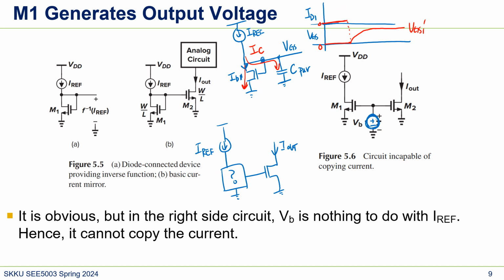It also increases like this, and then it finally goes to IREF. At the same time, IC, the current that flows to the capacitor, at first starts from IREF, but it degrades like this to 0.